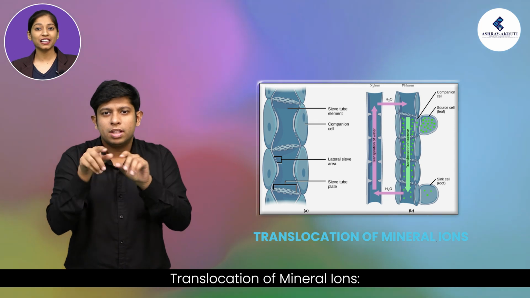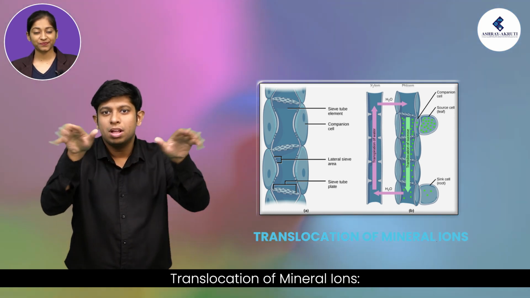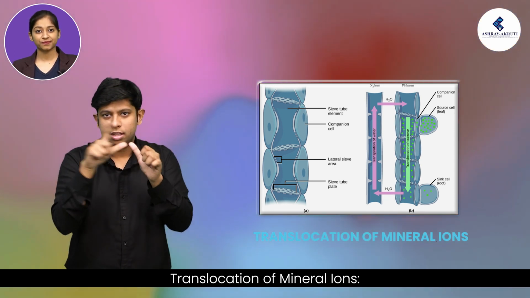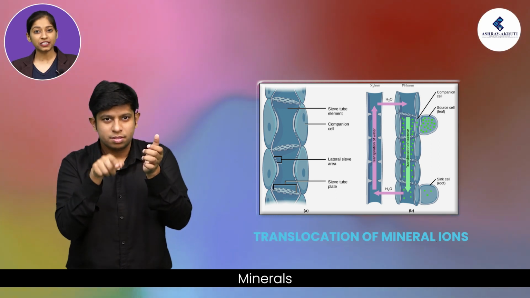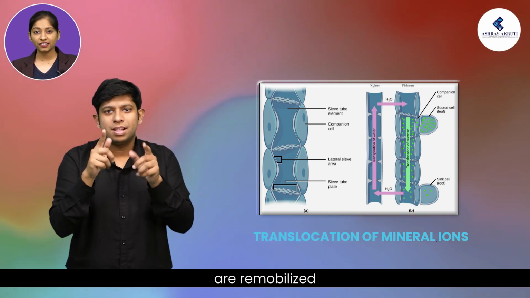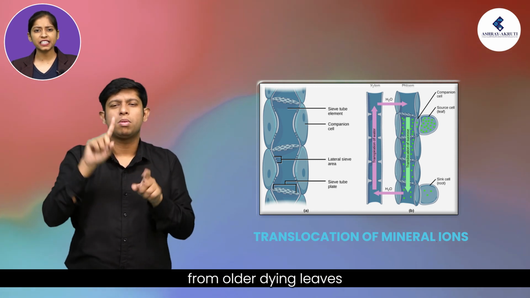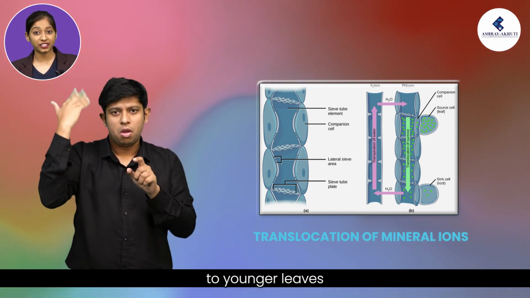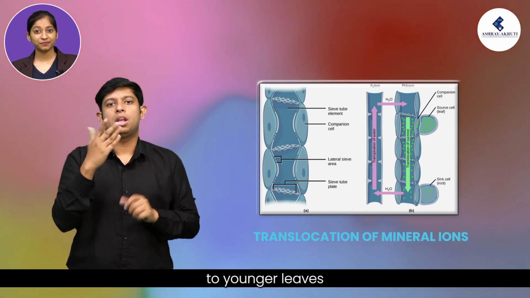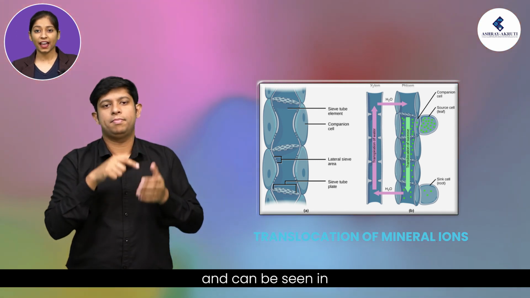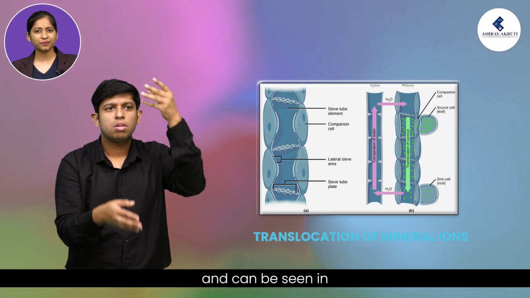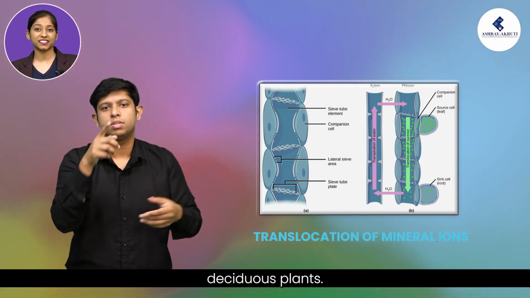Translocation of mineral ions. Minerals are remobilized from older dying leaves to younger leaves and can be seen in deciduous plants.